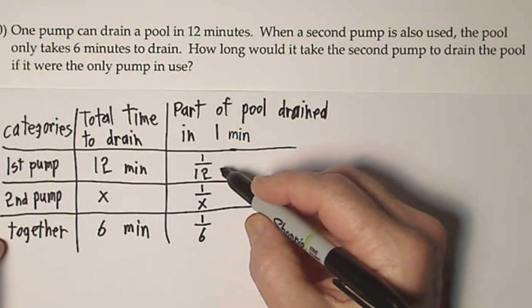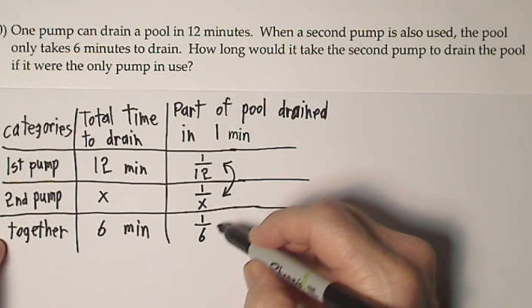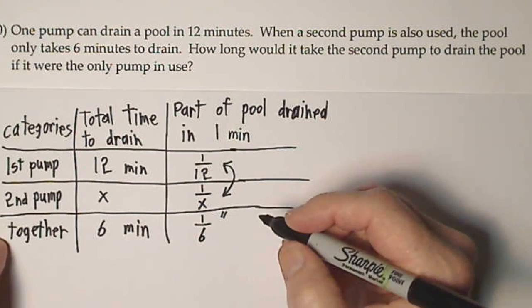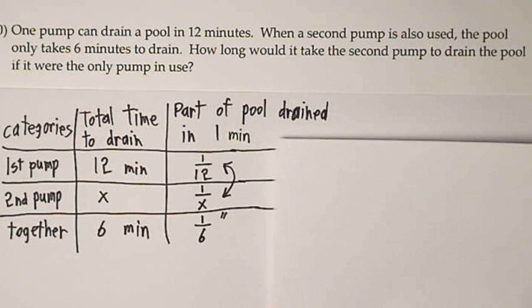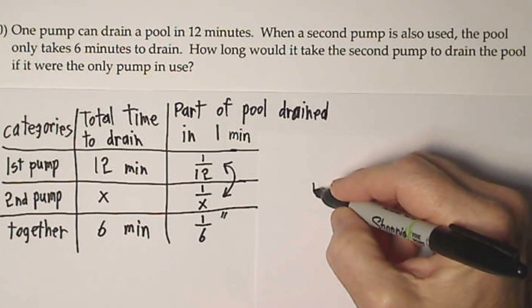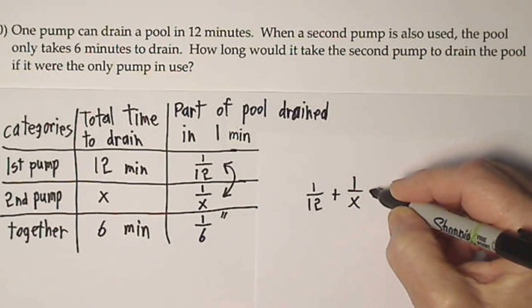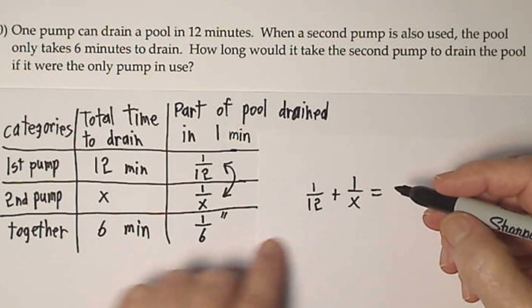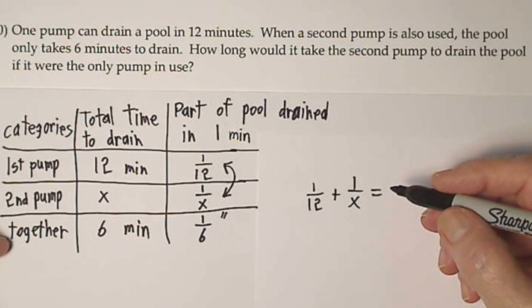If I add these two, I get this. So we'll work that off to the side. 1/12 plus 1/x is equal to the part the first pump does plus the second pump is equal to what they accomplished together.